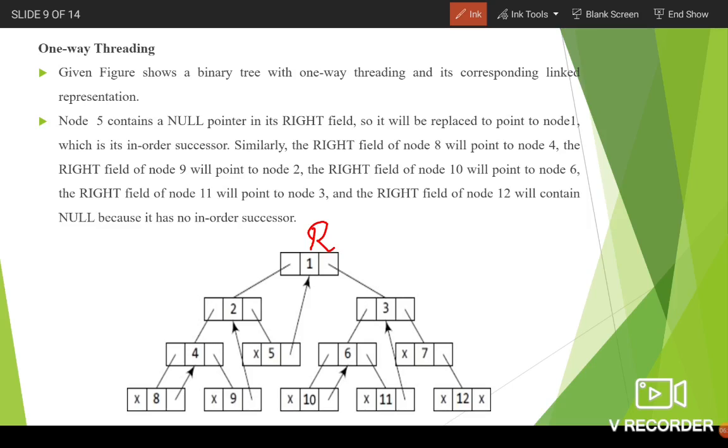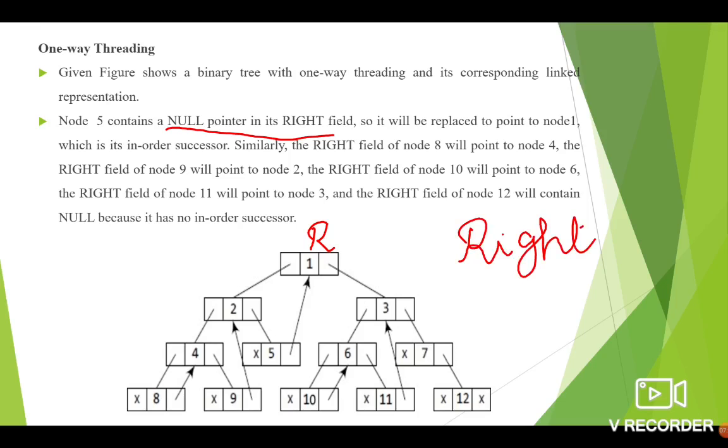So node 5 contains a null pointer in the right side field. So it is replaced to point to node 1. That is known as the in-order successor. Okay. So here, don't touch the left side. In this diagram, we are concentrating on the right side field. So the other name of this threaded tree is right-sided threaded binary tree. Okay, that is this one.